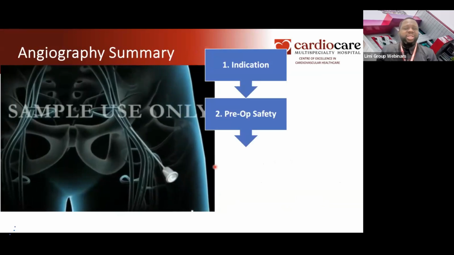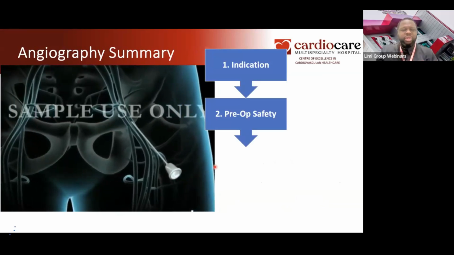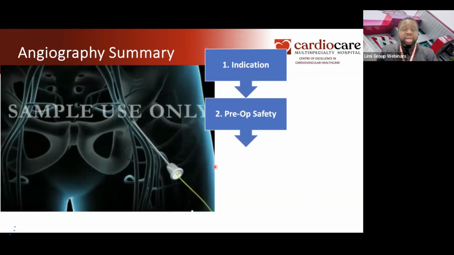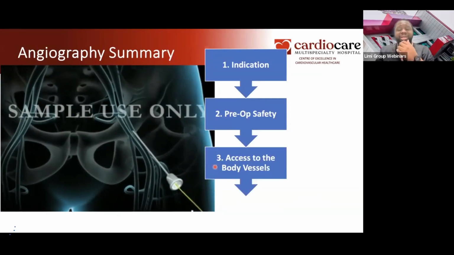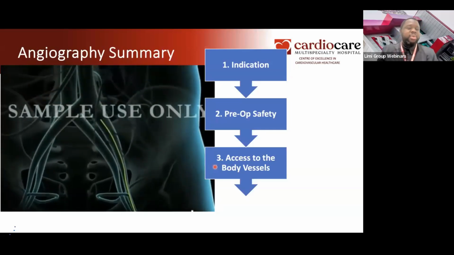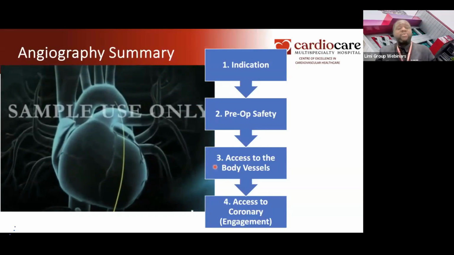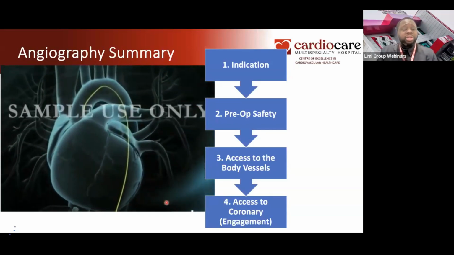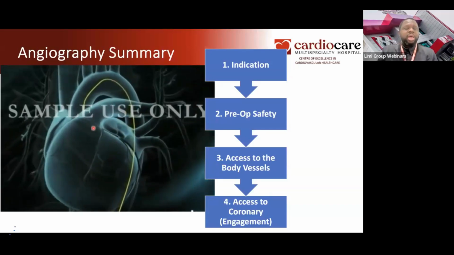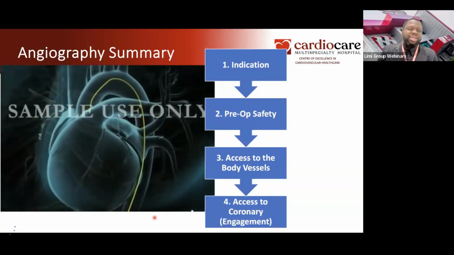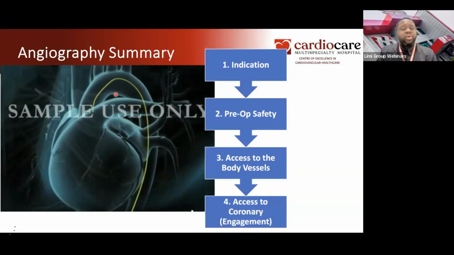Then we talked about the safety things you must do in terms of evaluating the patient, evaluating yourself, doing your timeout. Then we talked about access and we showed how to do it from the femoral vessels, and then we also talked about radial vessels. Now we've talked about coronary artery engagement and we said first the wire goes in. After the wire goes in, then we pass the catheters gradually over the wire.